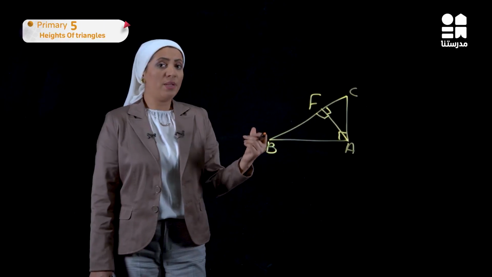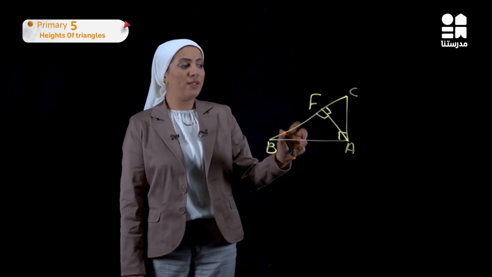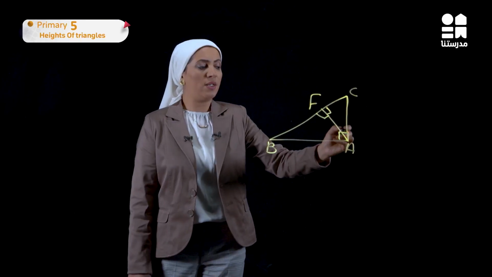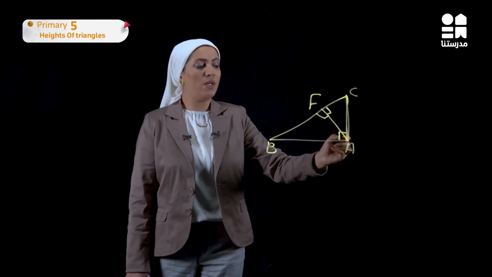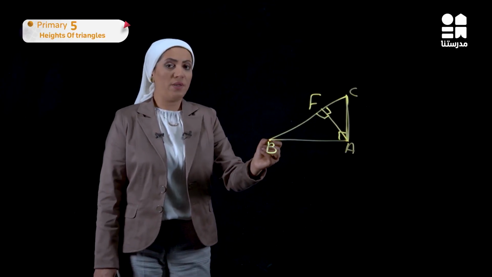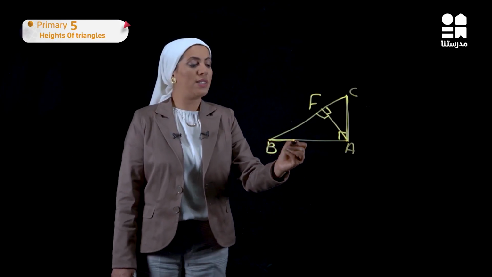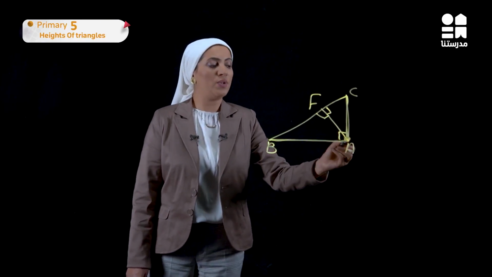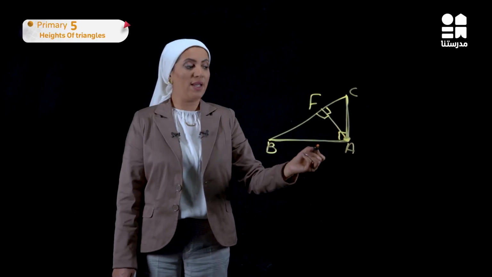And as I said before, the other 2 altitudes: from the vertex C, it's already dropped here at point A, and if it's from the vertex B, it's already dropped on the opposite side, CA. So the 3 altitudes meet at the point A.